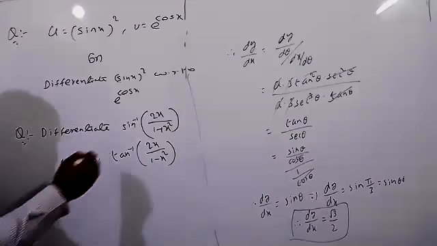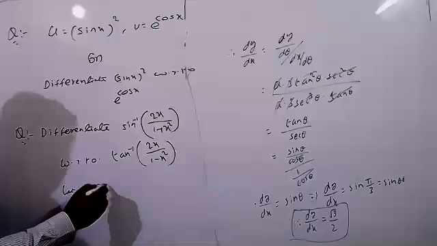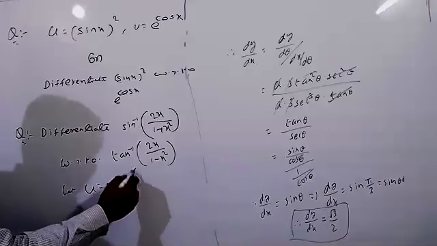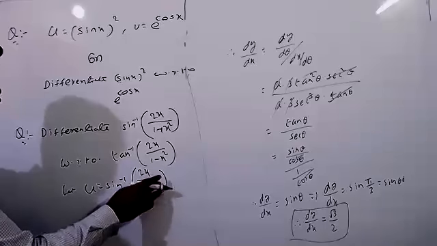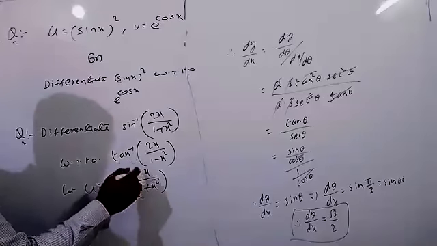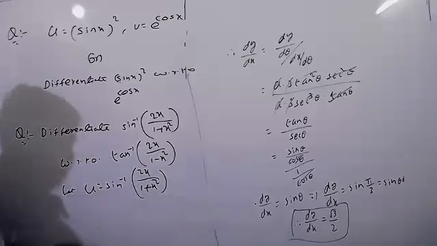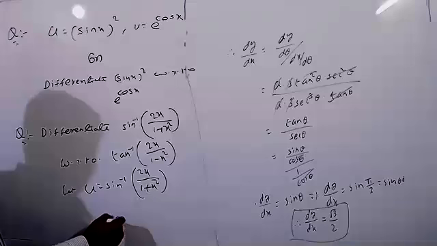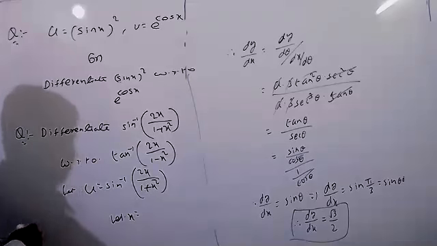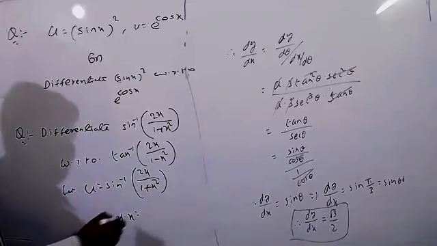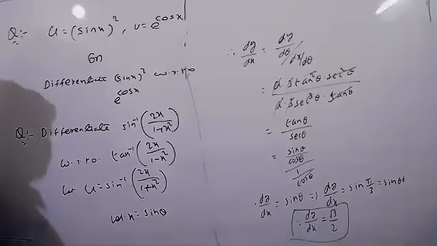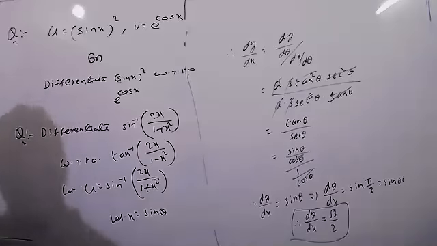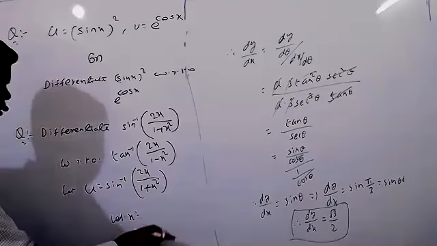First take u equal to sin inverse of 2x by 1 plus x square. First you can take the substitution here. Let x equal to sin theta. Sin or tan? Tan theta, sir. Tan theta we have to take. Yes, sorry.